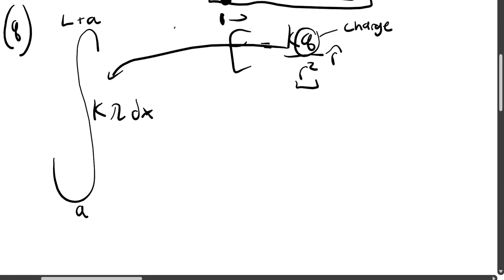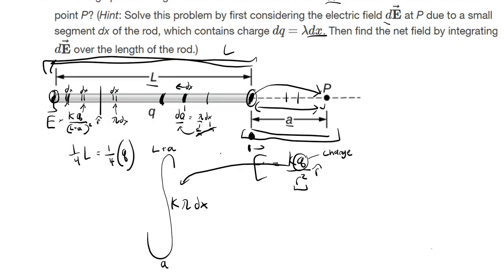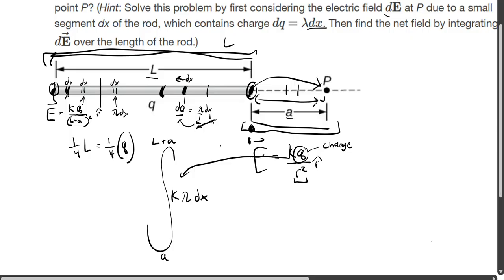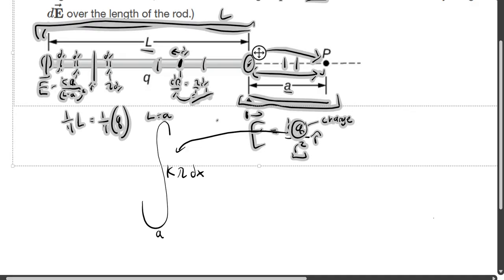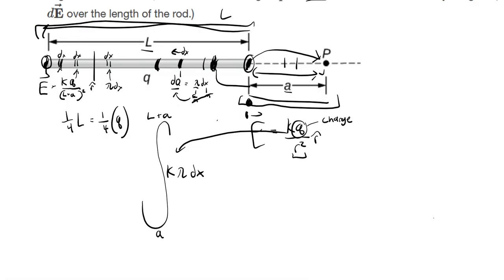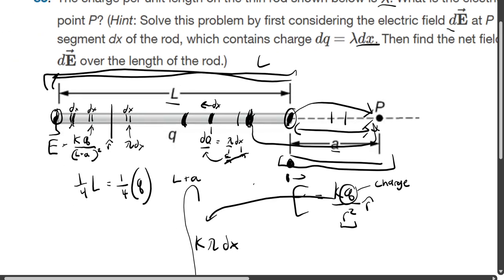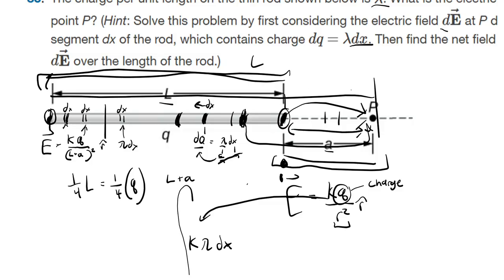Well, the answer is, r is the distance away from P to the little sliver of charge that you're measuring the electric field from, right? So don't let that confuse you too much. On the x-axis that we drew, r is just going to be this distance from here to here.